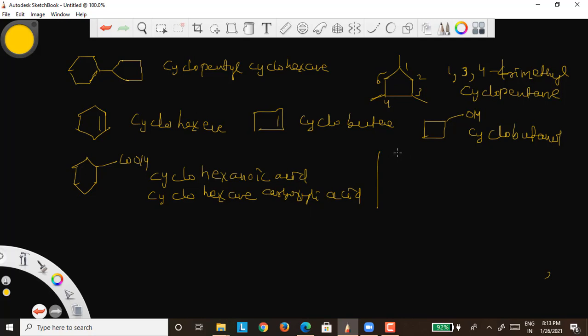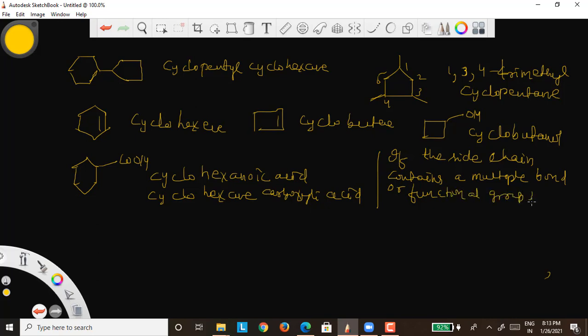That rule is, if the side chain contains a multiple bond or any functional group, then the cyclic ring is treated as a substituent.